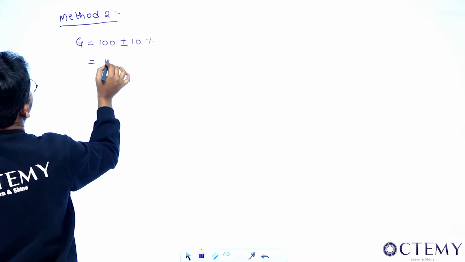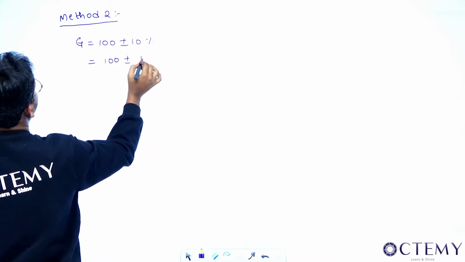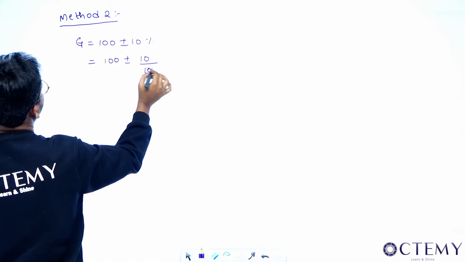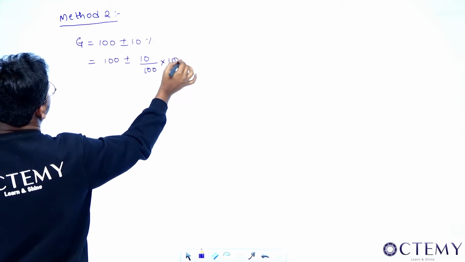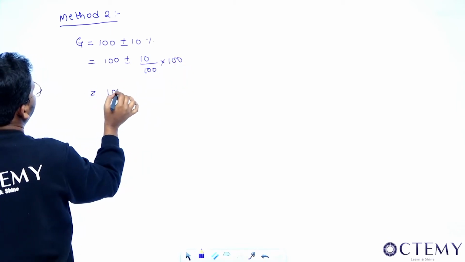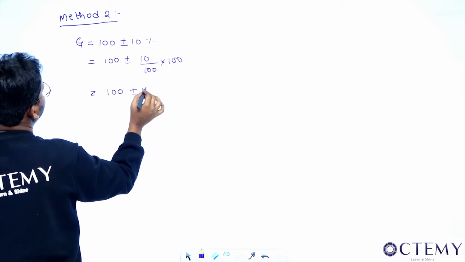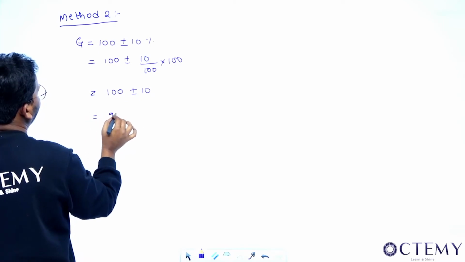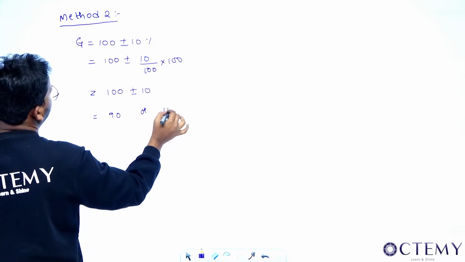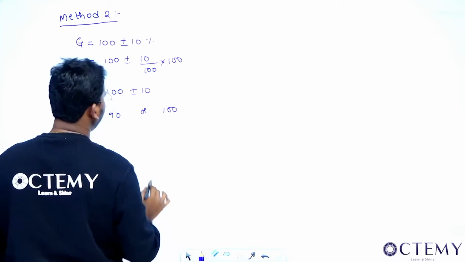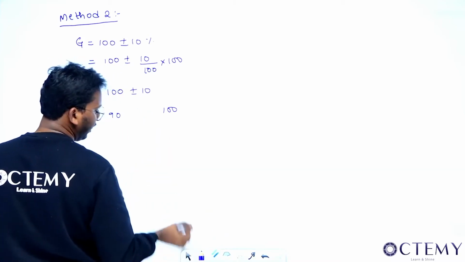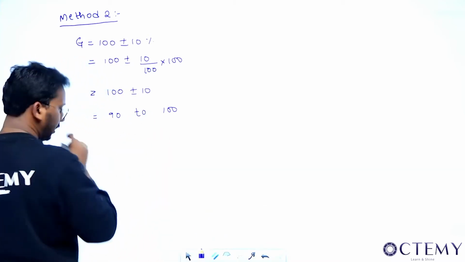So 10 by 100 into 100. So that is 100 plus or minus 10. So that is basically either 90 or 110, or you can say 90 to 110. What is the variation in the gain? That is 90 to 110, right?